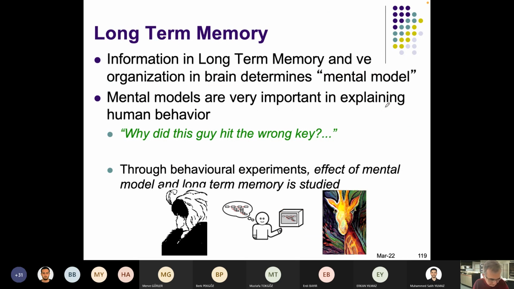When we think about long-term memory, all people have different brains, and the organization of those brains is different because of the different stimuli during development.